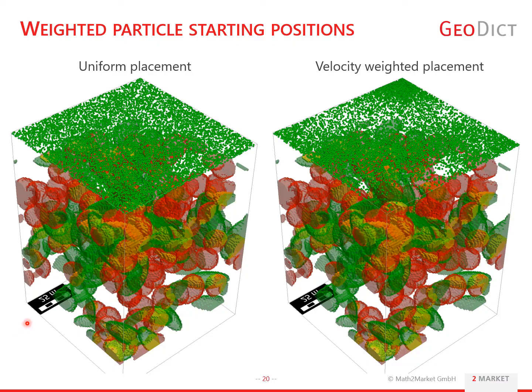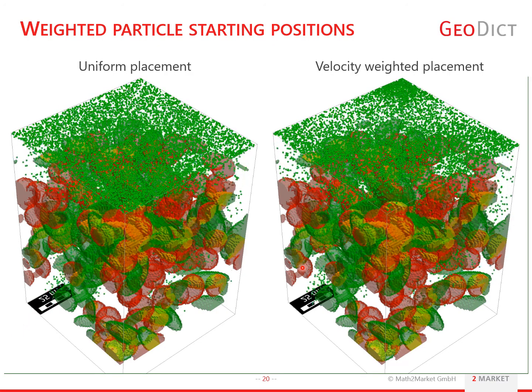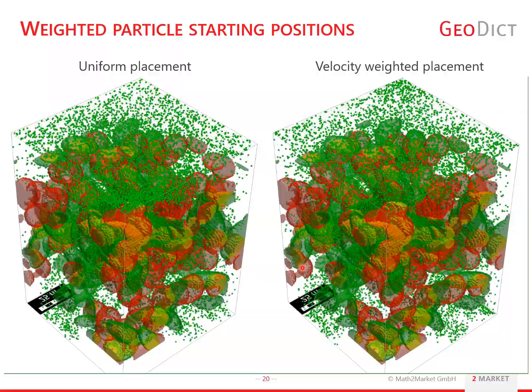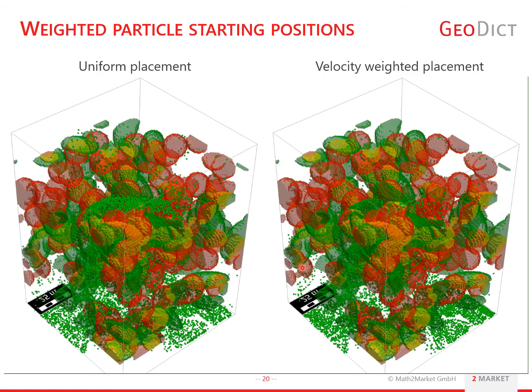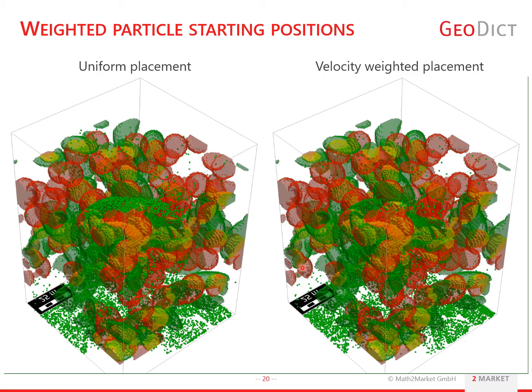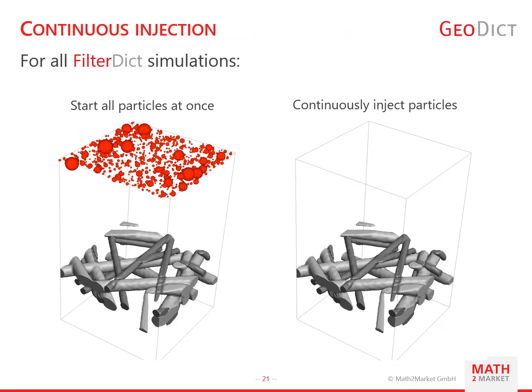So if we take a look at the animations, we can see the difference at the left side when we have uniform, and on the right side where we have the velocity weighted placement for the particles.